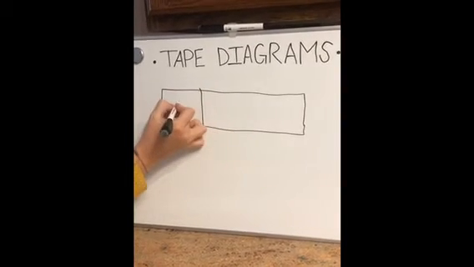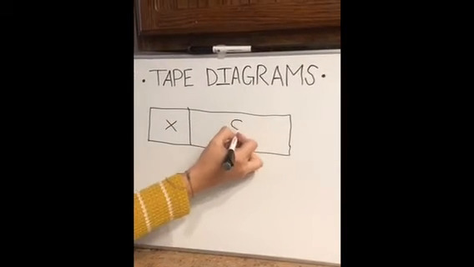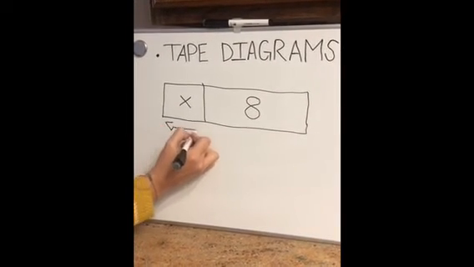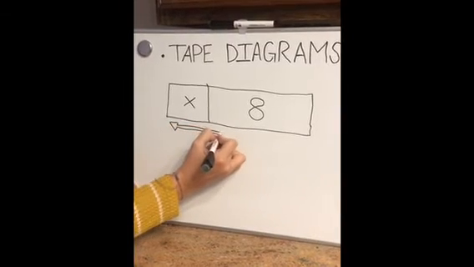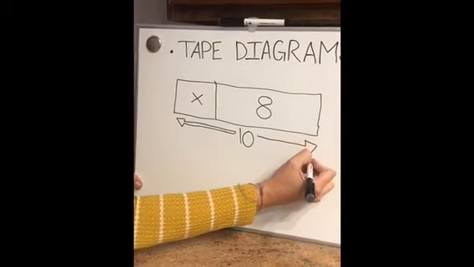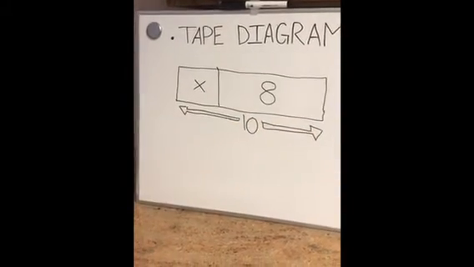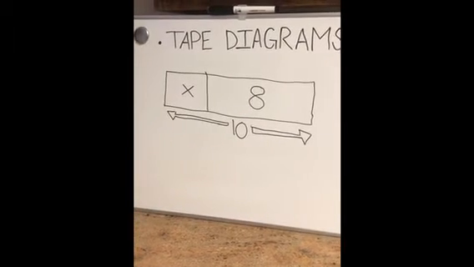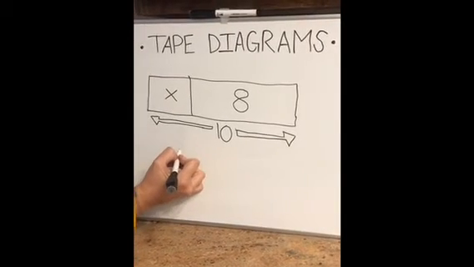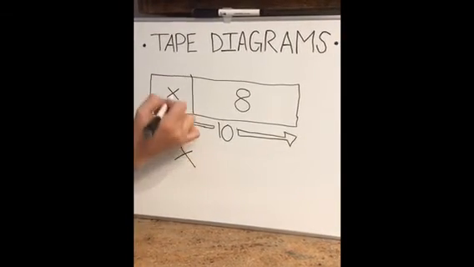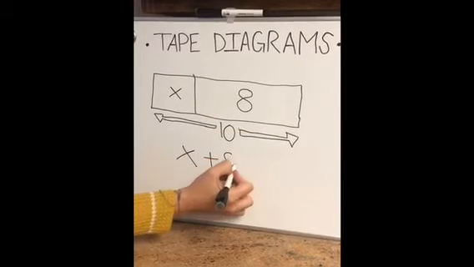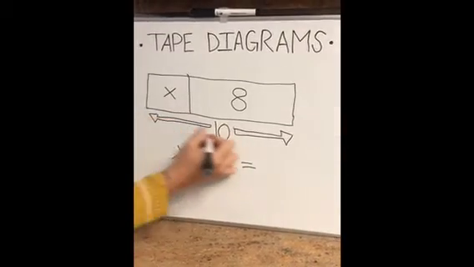So if we have x and 8, and the total is 10, how can we write that algebraic expression? You could write this one way by saying x plus 8 equals 10.